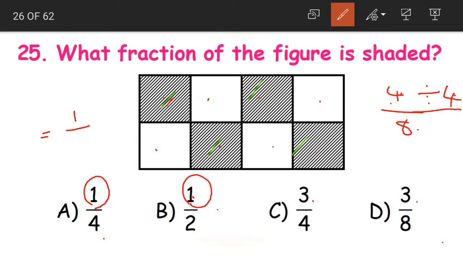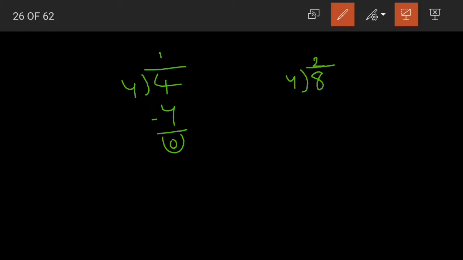And as we have divided by 4 in the numerator, we have to do the same for our denominator. 8 divided by 4 is equal to 2. See, 4 divided by 4. 4 ones are 4. When we subtract, 0 is remaining. 8 divided by 4. 4 twos are 8.